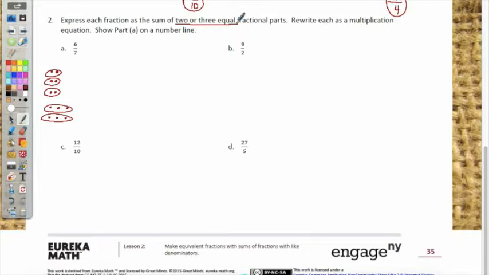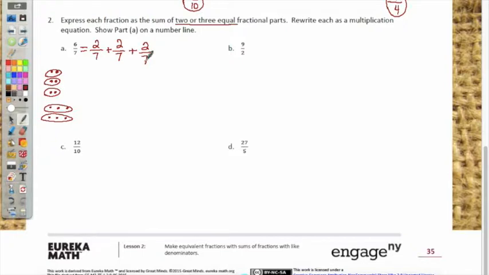What parts could I add for 6? 2 plus 2 plus 2, or 3 plus 3. Now let's all choose the top one, okay? So for 6, I'm going to add 2 plus 2 plus 2.